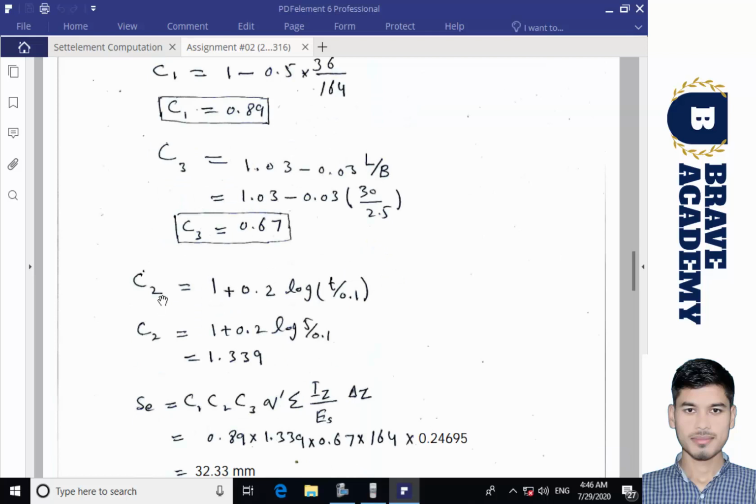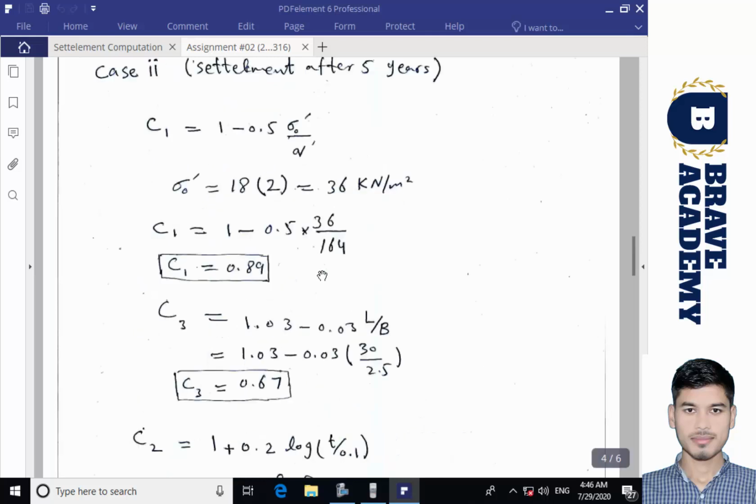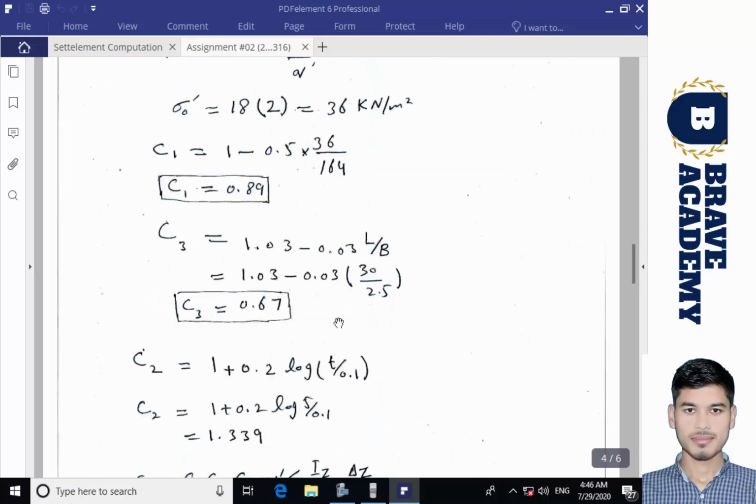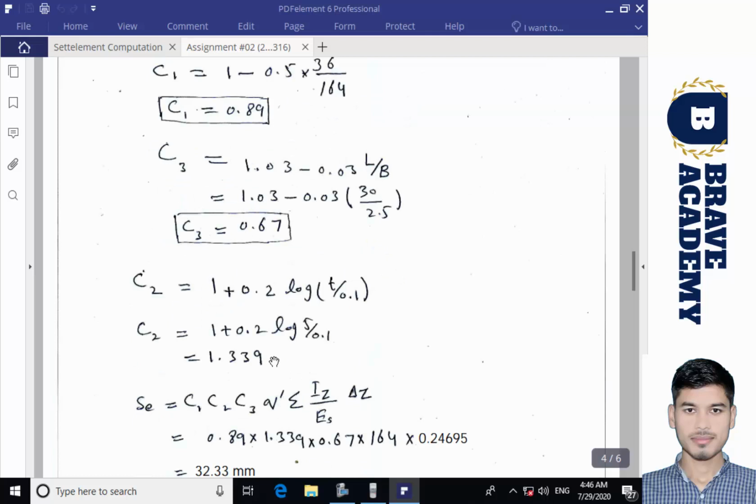The time factor C2 will be equal to 1 plus 0.2 log T by 0.1, 1 plus 0.2 log 5 by 0.1. As we are calculating the settlement after 5 years, so I put the value for T as 5. So you calculate it, C2 will be 1.339.